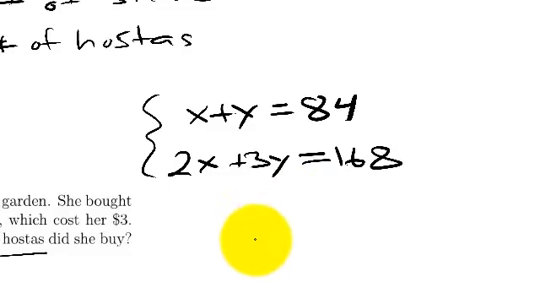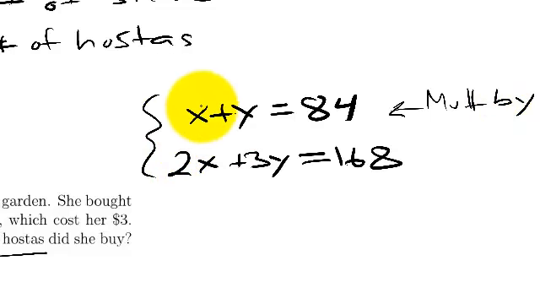Since I'm trying to find out how many hostas she bought, I am looking for y. So I'm going to keep y, and I want to cancel x. If this is 2x, I want to make this negative 2x. So let's multiply by negative 2.